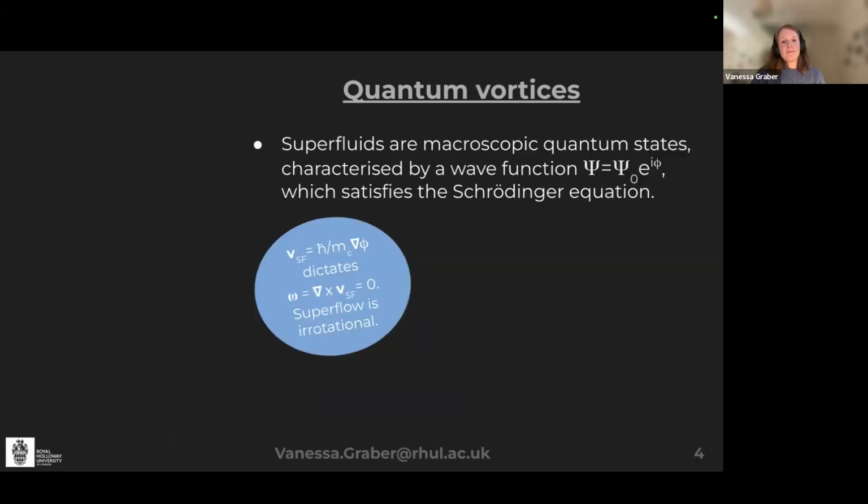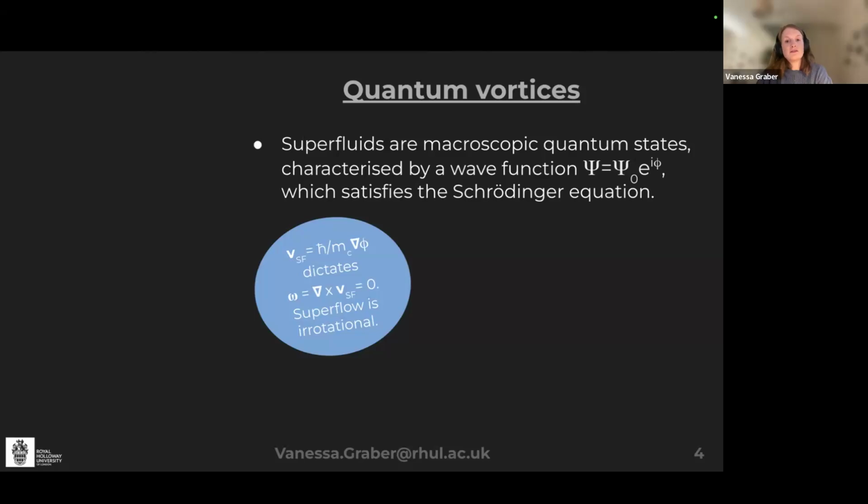All right, so I mentioned earlier that neutron stars are very fast rotators, and we have these superfluid components. So the question is, what is the impact of these superfluids in terms of how the star behaves or what we observe? Superfluids are macroscopic quantum states that are characterized by a wave function that satisfies the Schrödinger equation.